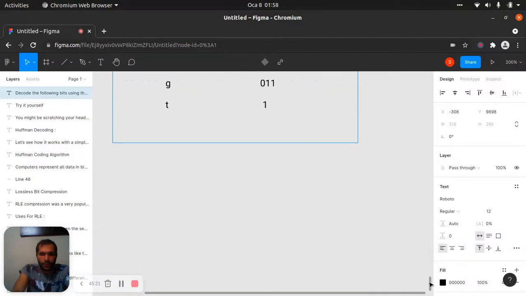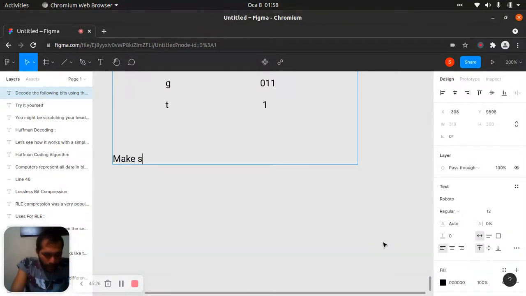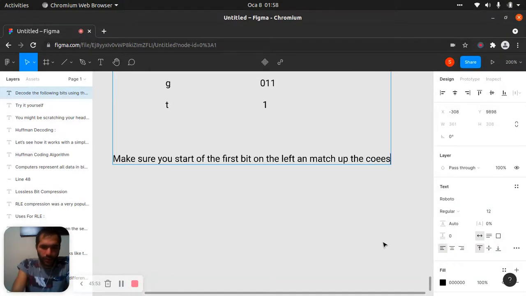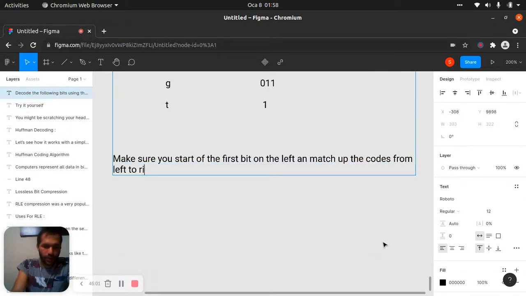Let's come down to this point and say, make sure you start off with the first bit on the left, and match up the codes from left to right.